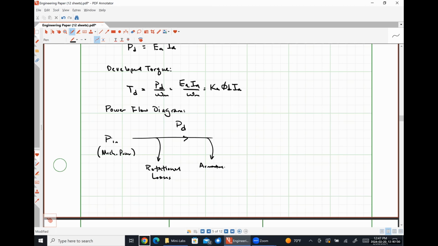Here we have armature copper loss and brush contact loss. At this stage, we're looking at our armature terminal power. So that's nothing more than, let's call it PA for the armature power, is just VA times IA.